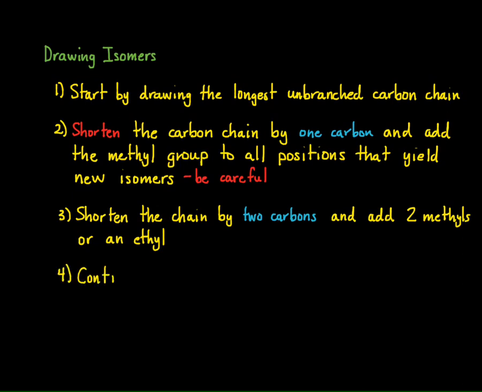And you continue to do this until you can't get any more isomers, right? That's basically the short, abbreviated way of making sure that you get all of the isomers of a particular alkane or alkyl derivative.